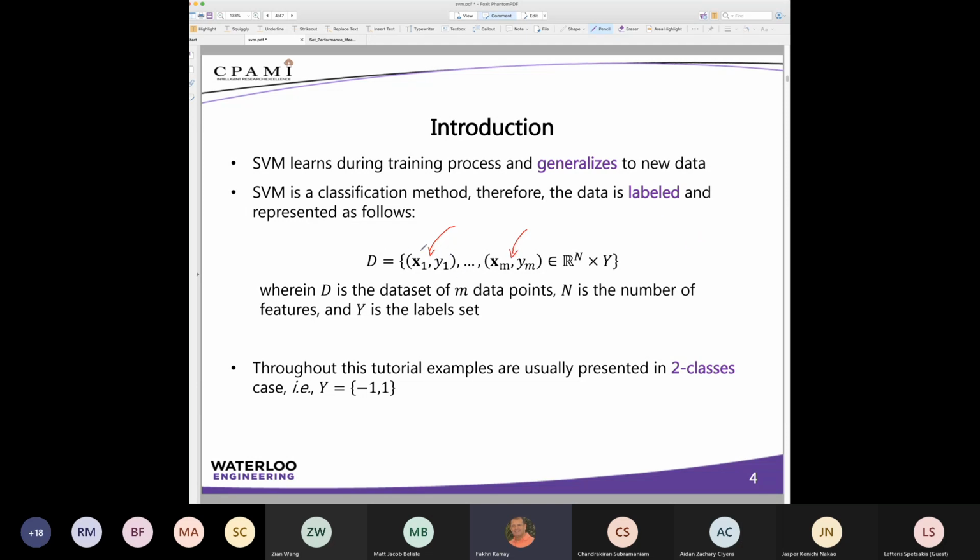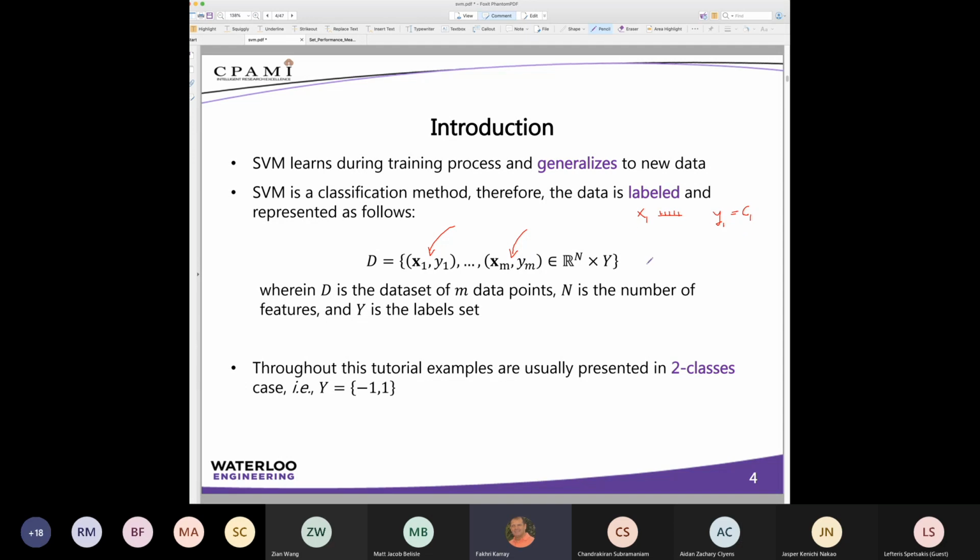We have possibly the set represented by a dog, and y1 would be dog. And this is a set of features, and this is the classification related to the cat, for instance. So basically the x's, x1 here, the bolded x1, is simply a vector of feature elements, and the y1 here is simply class 1.